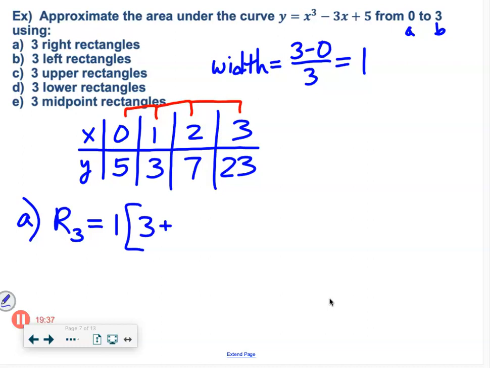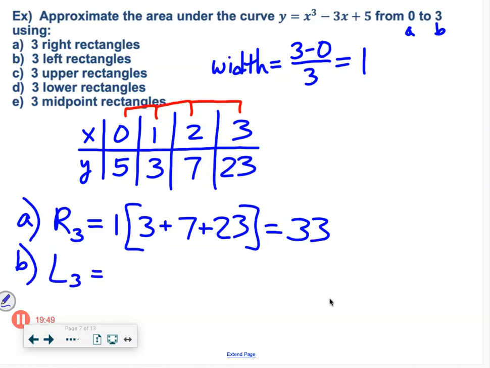So 3 plus 7 plus 23, so our R sub 3 would be 33. If we do an L sub 3, width is still 1, and you pick the 3 left-hand heights. So you have 5 plus 3 plus 7, which is 15.